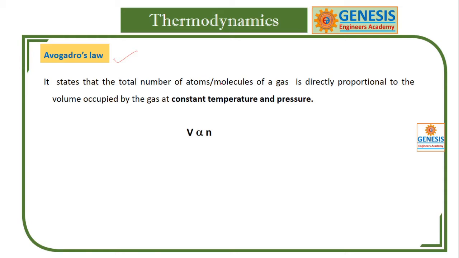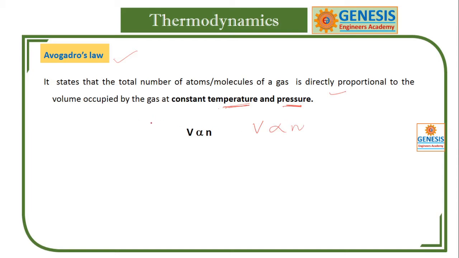The total number of atoms or molecules of a gas is directly proportional to the volume occupied by the gas at constant temperature and pressure. That has to be kept in mind. That is, V proportional to N.